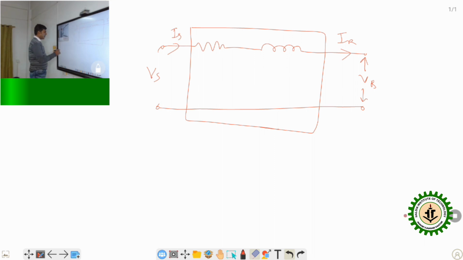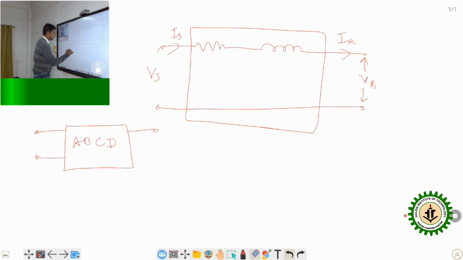So if I consider the two-port network, suppose I write A, B, C, D. If I want to calculate these parameters, we can easily calculate them from here for the short transmission line. The input voltage is the sending end voltage, the output voltage is the receiving end voltage, and the currents are the sending end current and receiving end current.